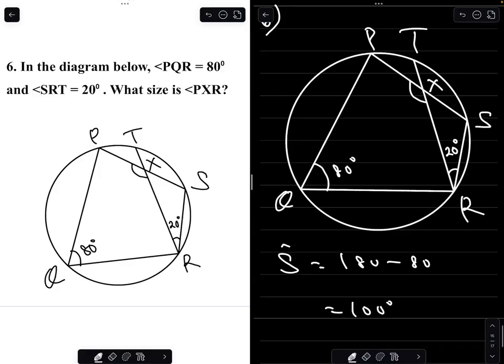Now, if this angle is 100 degrees, then I can find this small angle. I can now say RXS, this angle plus this angle plus this angle is 180 degrees.